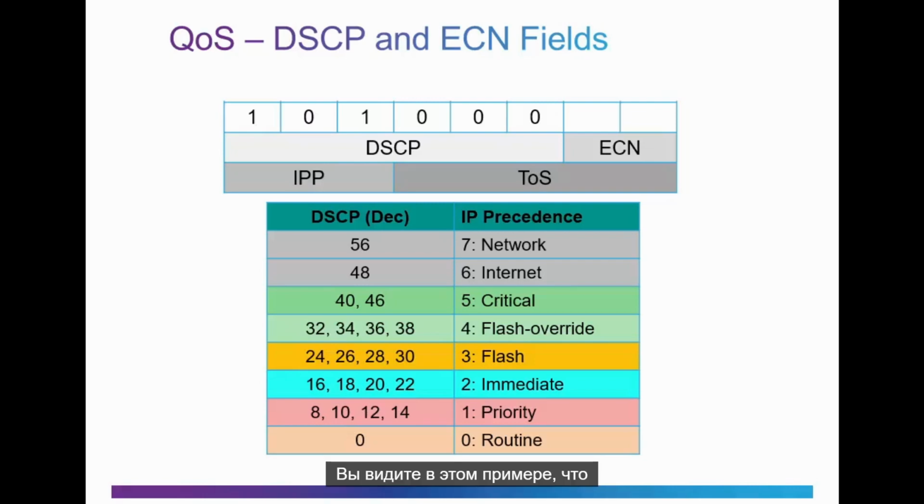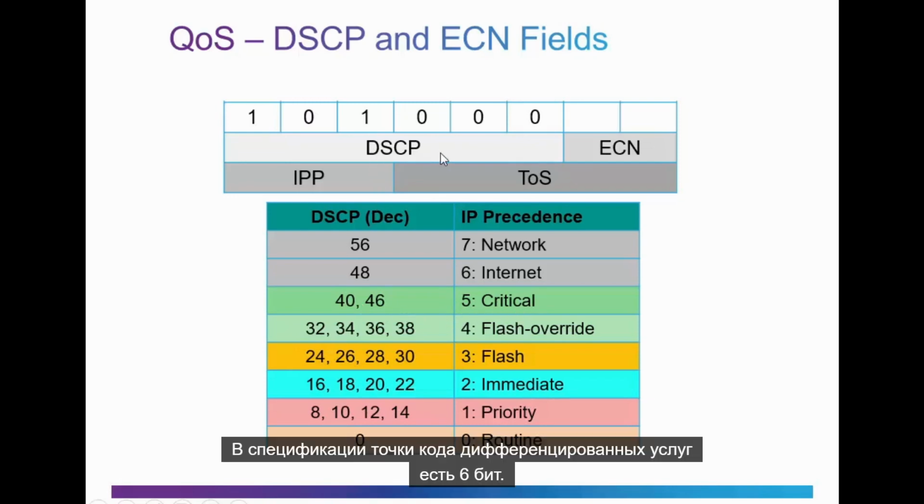You can see in this example that an IPP classification of 5 involves the 1 here and the 1 here. If you have IPP and you have 3 bits, then this would be a 4 and a 1, which would be a 5, which would signal a critical flow.